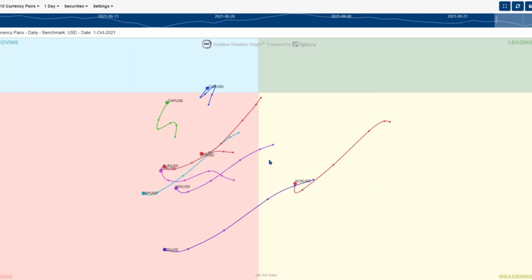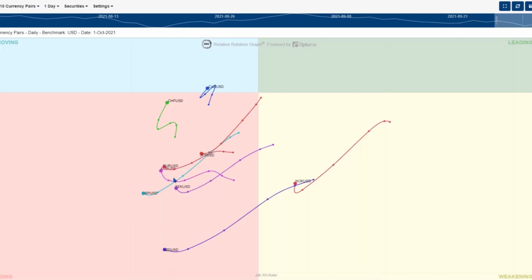The Norwegian crown is going in the wrong direction, if you like. It's heading southwest generally, so it's weakening and losing momentum. But it's the strongest of the set. But basically, if you want to be long of anything, you should be long of the dollar. Your choice of shorts, well, you've got everything else really, but the British pound is the worst.